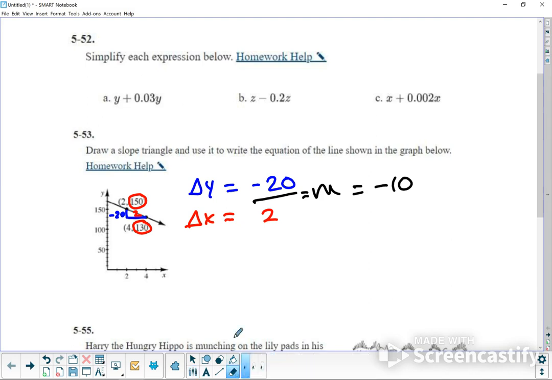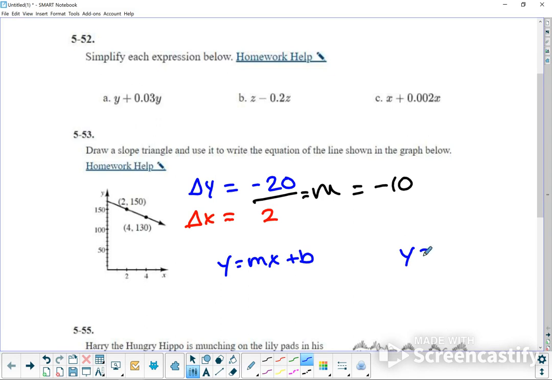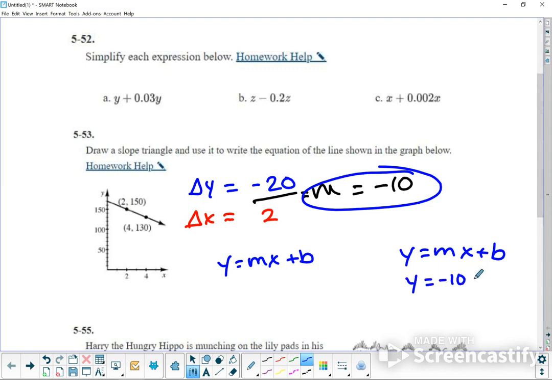For the equation of the line, I will need to have y equals mx plus b. Now, I already know the m. It's negative 10. So I can write down y equals negative 10 x. But I need to know the b.